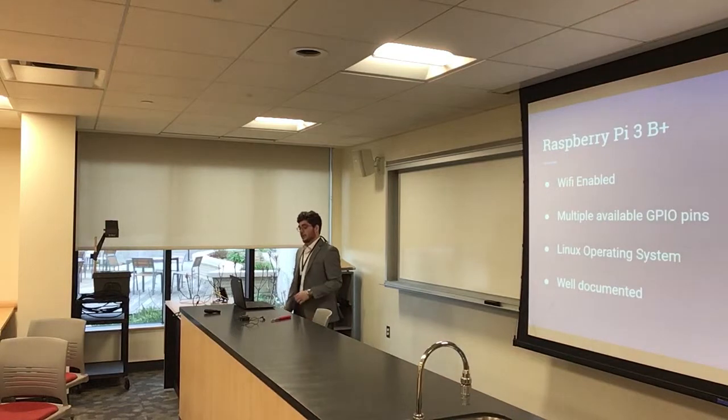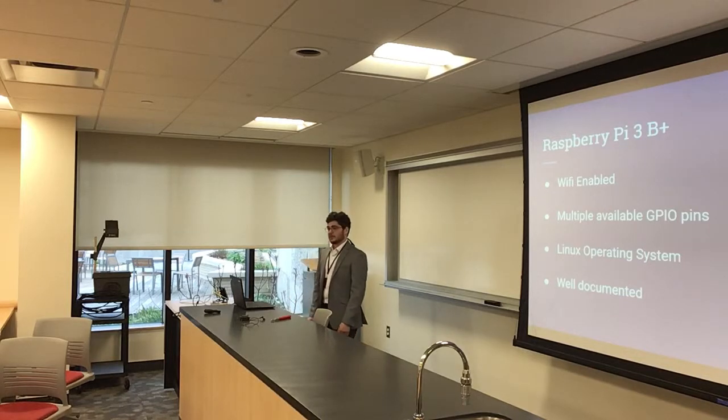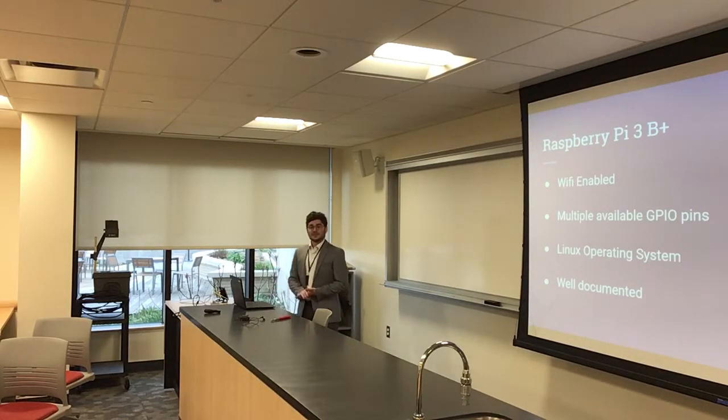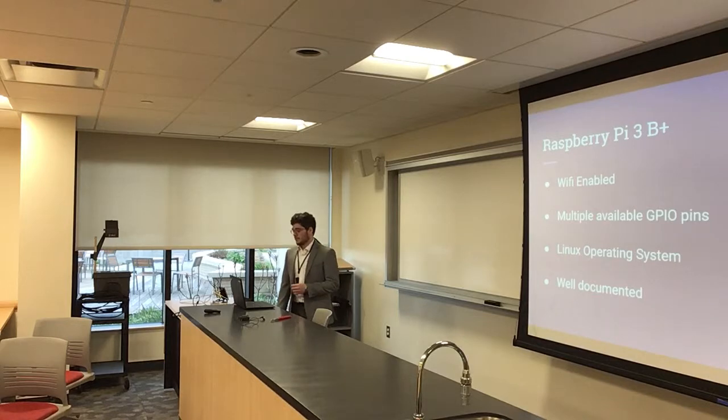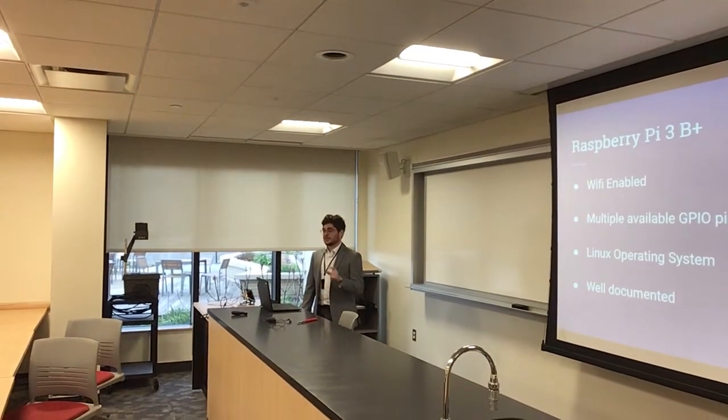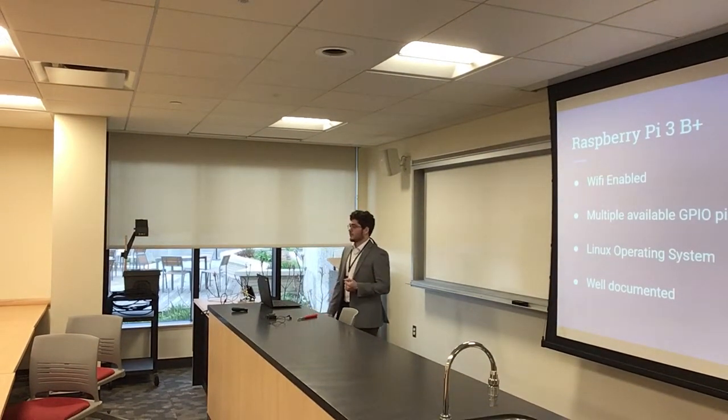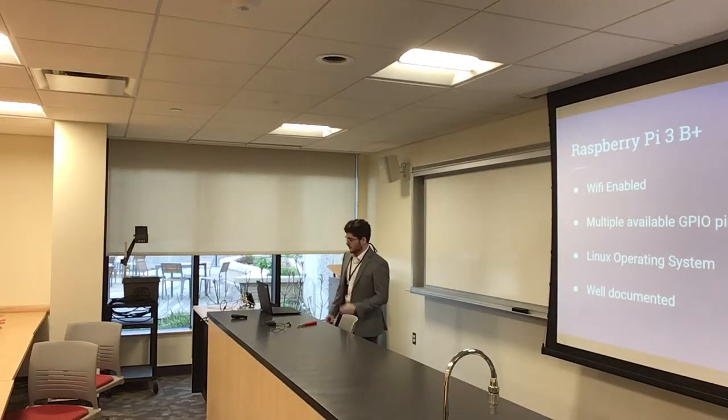So the hardware that I thought was best used for this project was a Raspberry Pi 3B+. The reason why is it has Wi-Fi enabled, which means that I'm easily able to connect to the internet and send data to Firebase. It also has multiple available GPIO pins, which is an acronym for General Purpose In and Out, and those are just ways of me interfacing with different types of sensors.